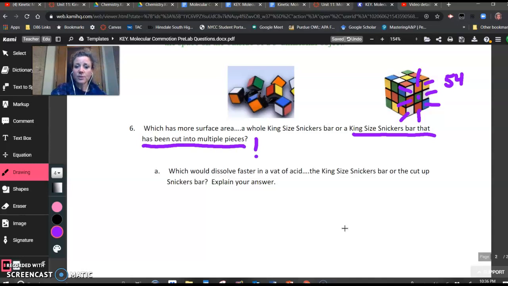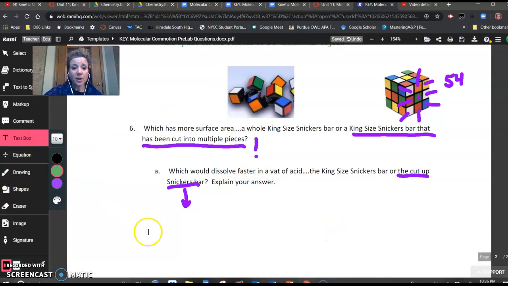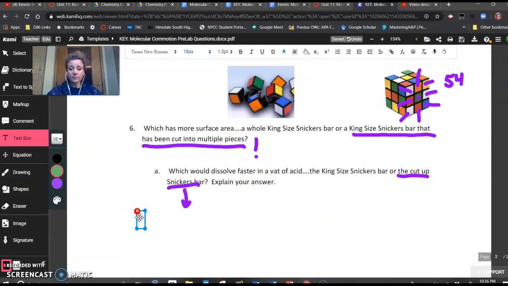And so which one would dissolve faster in a vat of acid, the king-size Snickers or the one that's been cut up? Well, the answer here would be the one that is cut up. And the reason is, again, because there are more surfaces exposed to the acid.